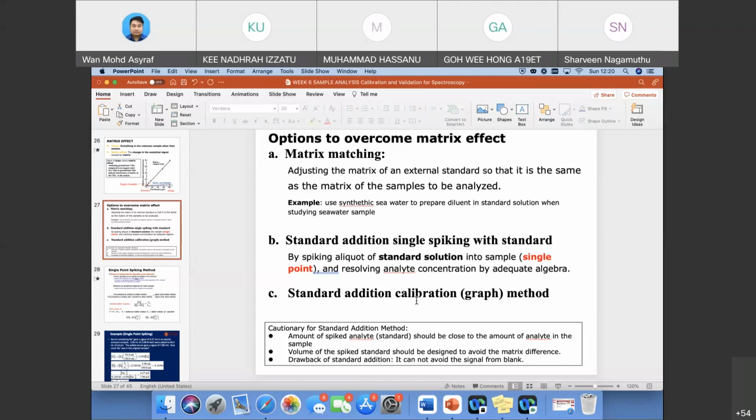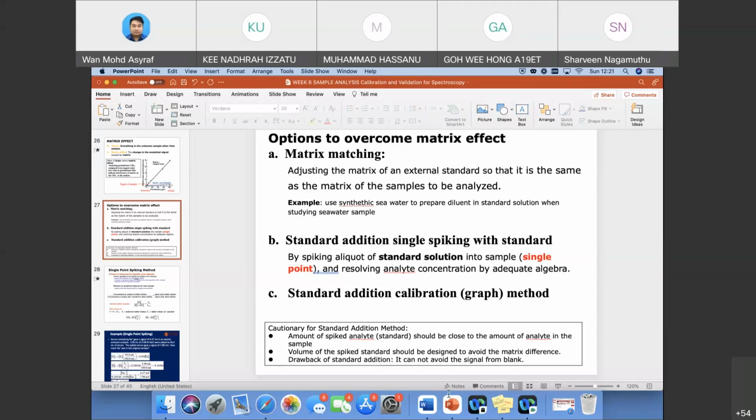You spike in a known amount of the same analyte into the sample, and then you straight away do your analysis, and it gives out the value. So that's what is called spiking.